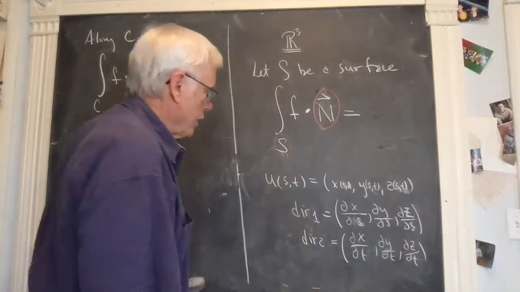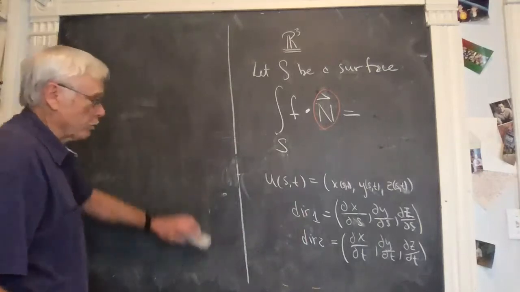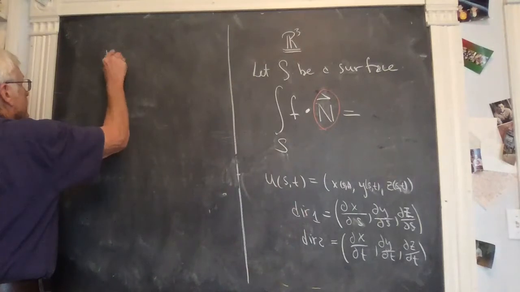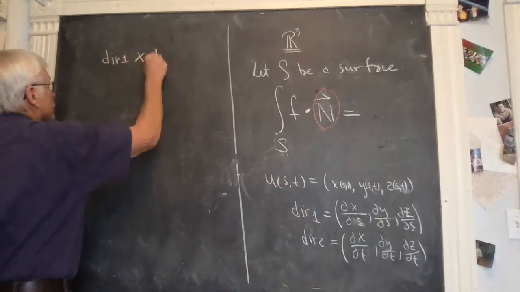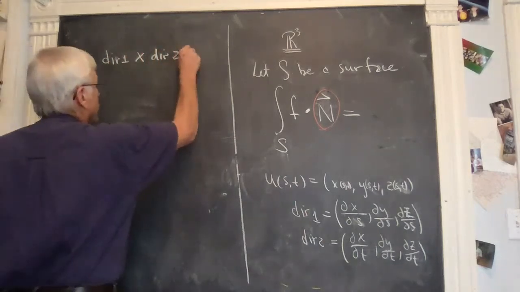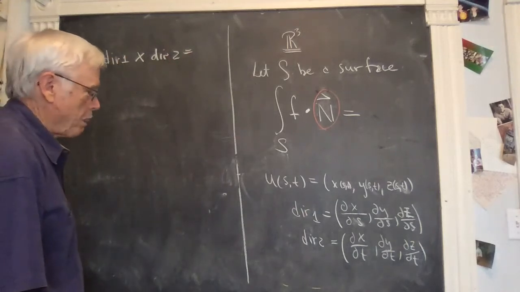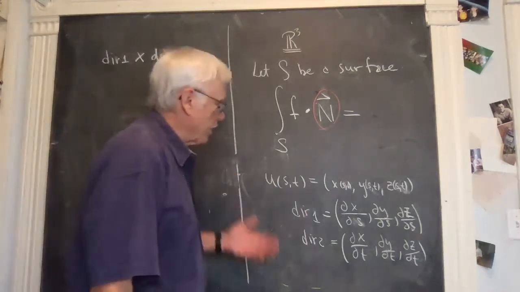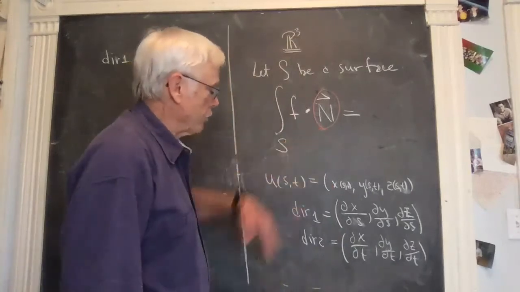So these are two directions here. If we take the cross product of these, we'll get a normal vector. So dir1 cross dir2 is a normal vector to the plane. And then we want to normalize it, divide by its length, multiply by the expansion contraction factor, and integrate.